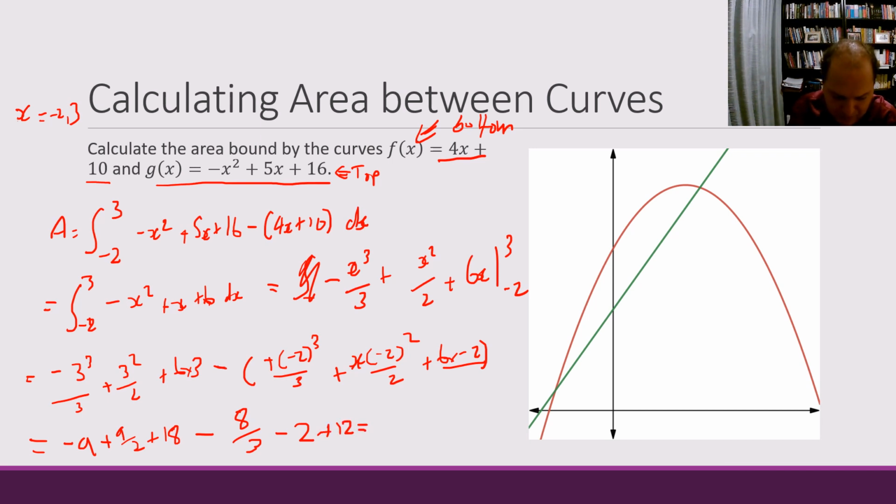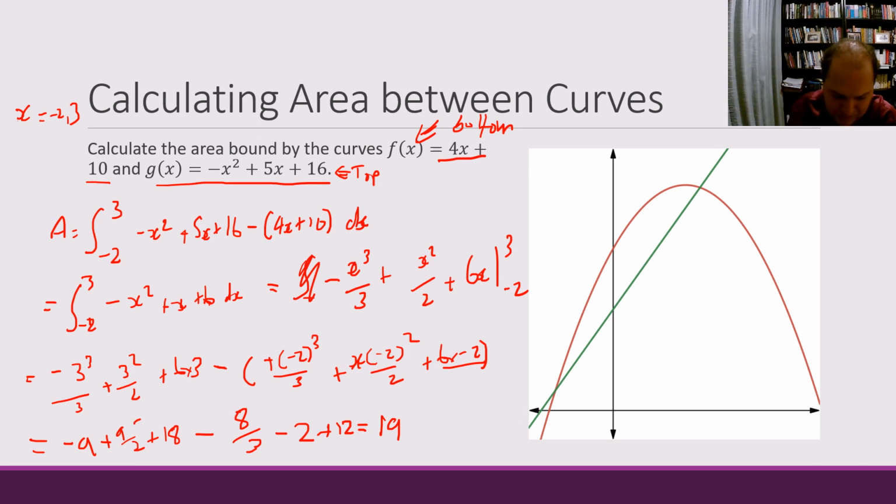Alright, so all put together, I'm just going to do the whole numbers and fractions separately, and then we'll tie it all together at the end. So -9 and 18 is 9. Sorry, +9 minus 2 is 7. Plus 12 is 19. And then 9 on 2 minus 8 on 3.